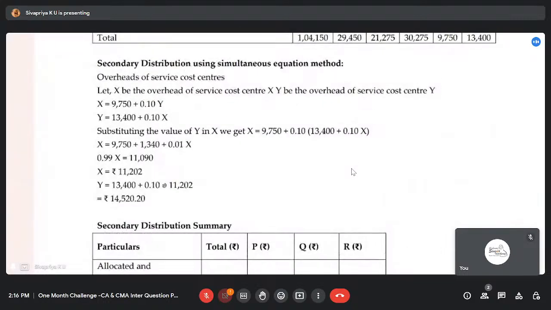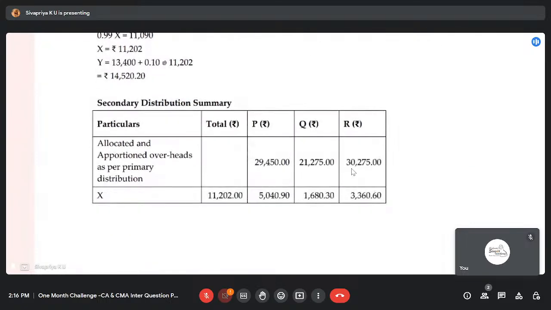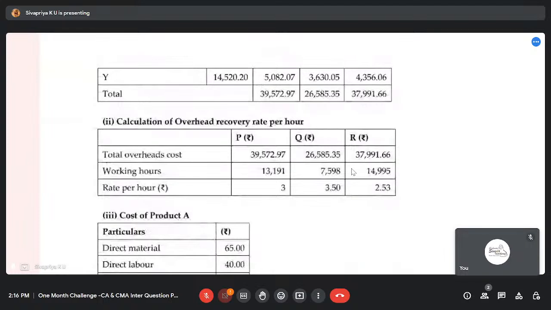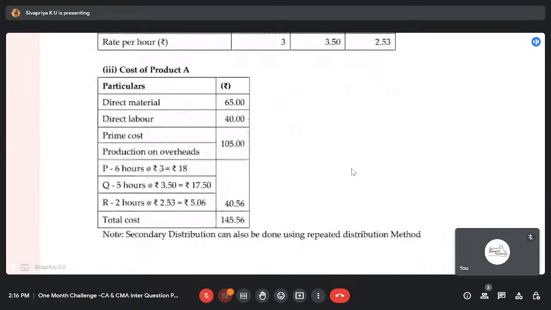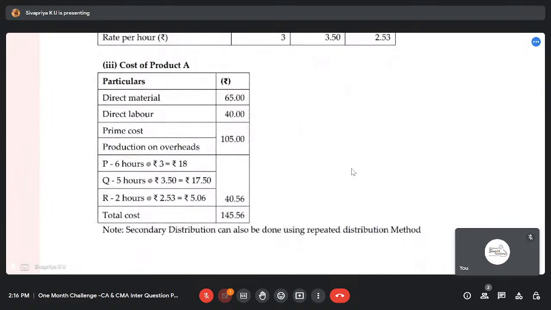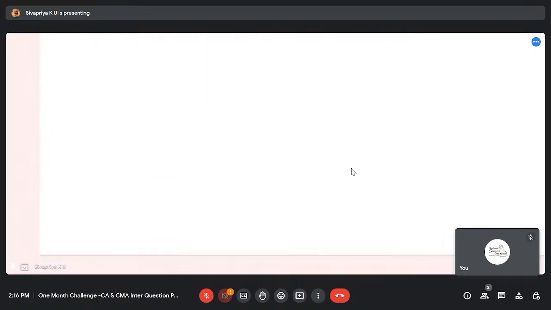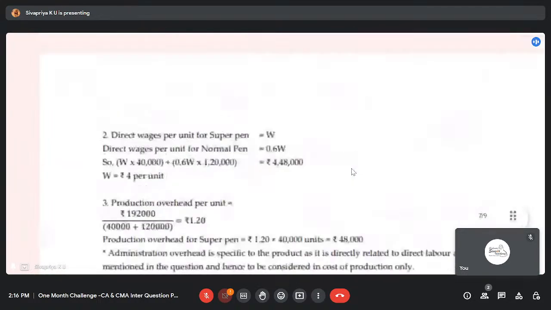Secondary distribution using the simultaneous equation method. Then the secondary distribution summary. Calculation of overhead recovery rate per hour. Cost of product A. That's all with respect to CA.